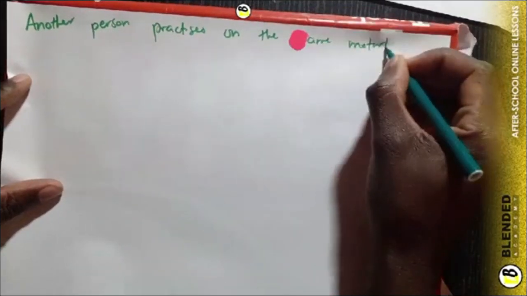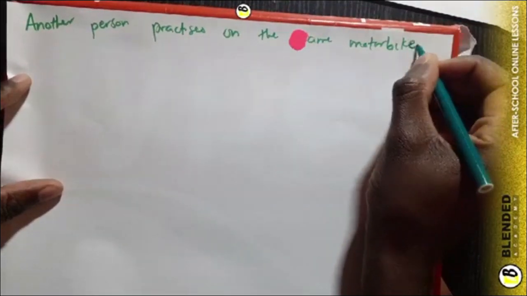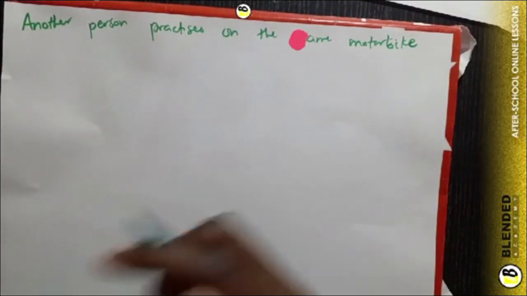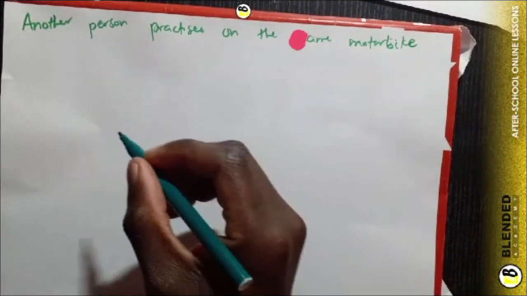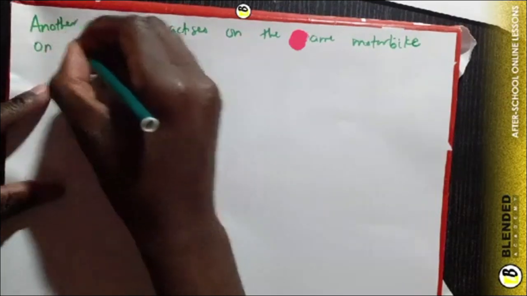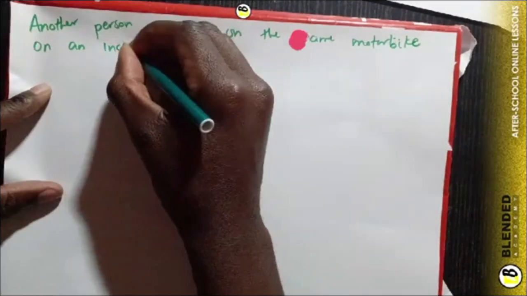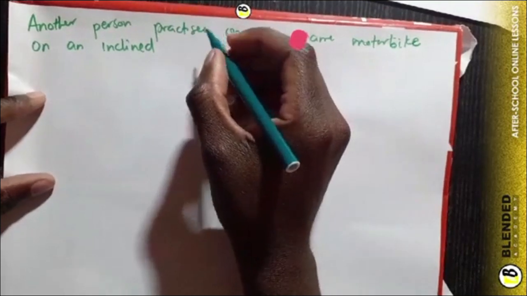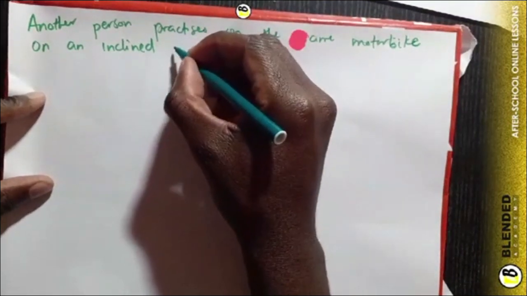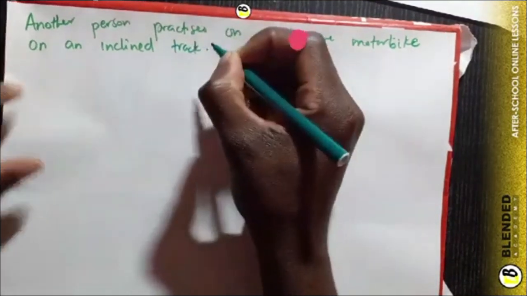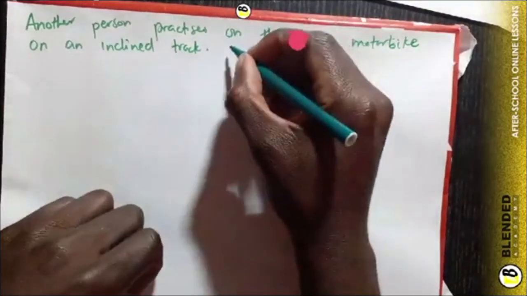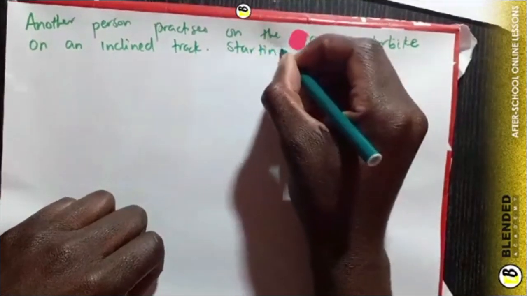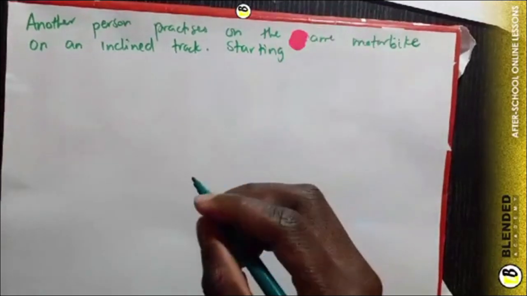So it's the same motorbike, but a different person and a different setting altogether, on an inclined track. It's no longer a flat track, it's inclined. This person is starting from rest, so from a velocity of 0, and then building up to a certain velocity.